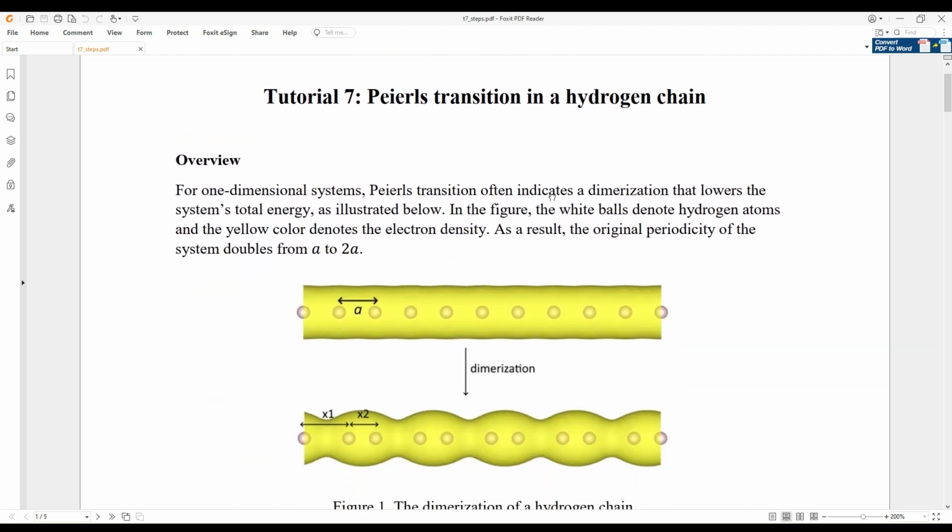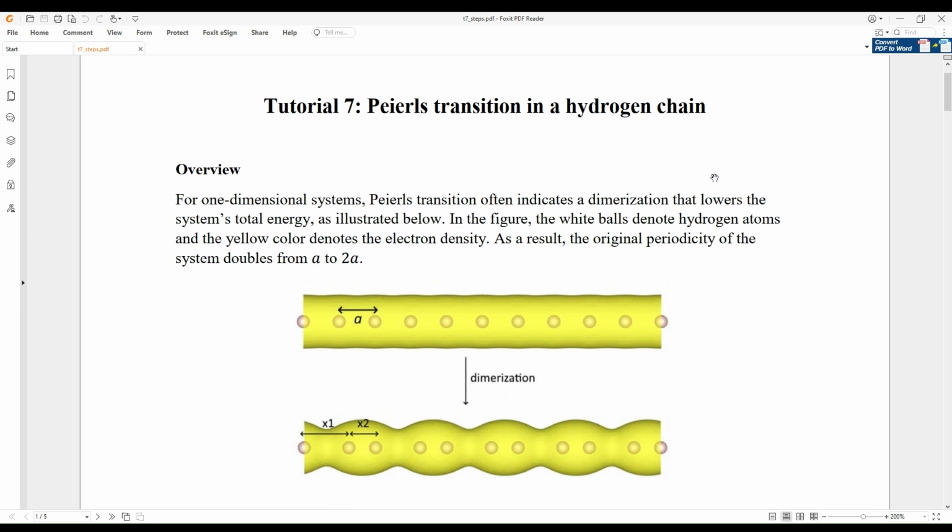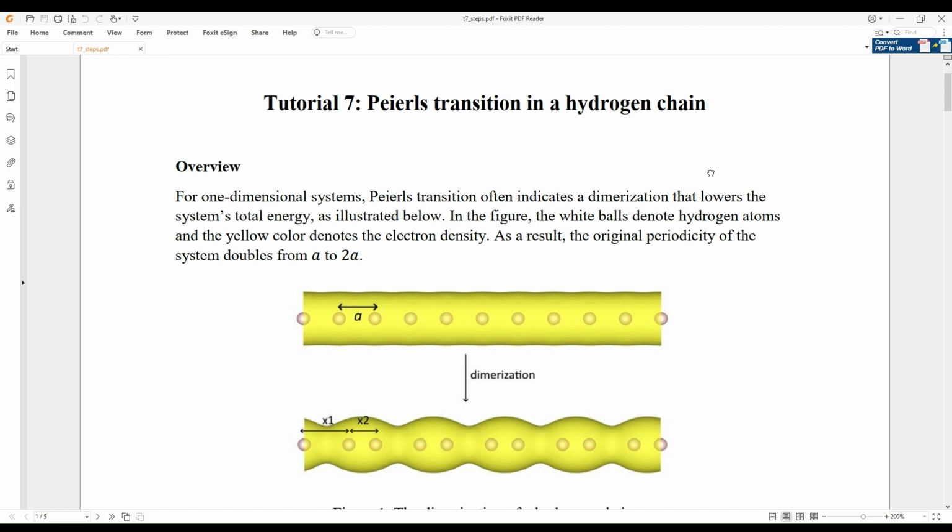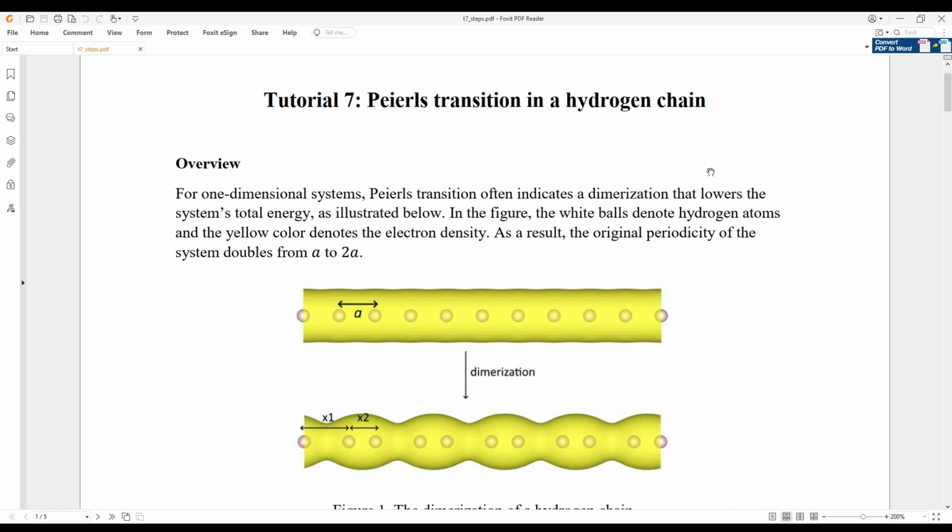Today we are going to use DFT to calculate the Peierls transition in a system. For the purpose of simplicity, I consider a simple case, which is a hydrogen chain.